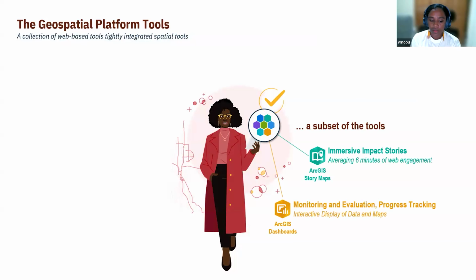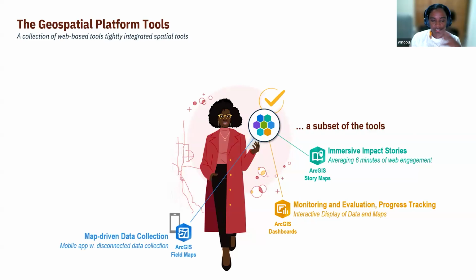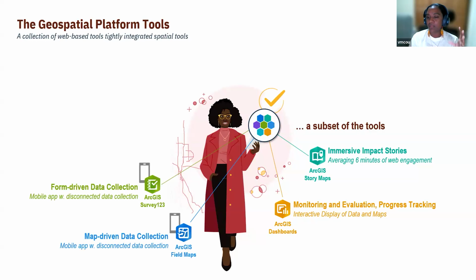So the picture that I showed you, the screen share I did earlier with your data, was from the ArcGIS Dashboard. Map-driven data collection using ArcGIS Field Maps. Form-driven data collection with Survey123. So what you submitted answers to is Survey123. A simple survey, right? But it can capture location. And that survey took me literally 10 minutes to create on Survey123.